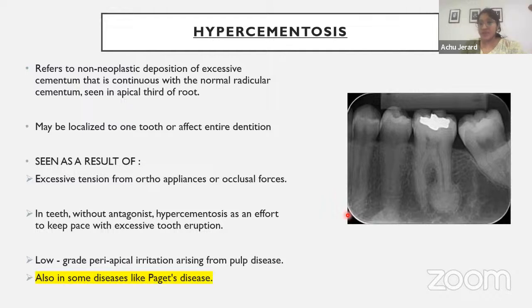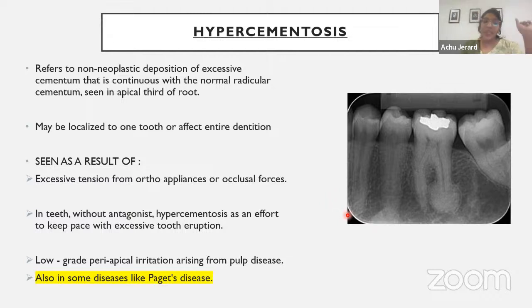That is hypercementosis. It is a condition where there is excessive cemental deposition taking place as a result of some pathology, like a low-grade periapical lesion. Generalized hypercementosis is seen in a disease called Paget's disease, which you have to remember.